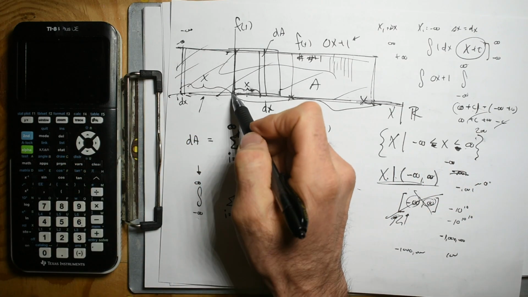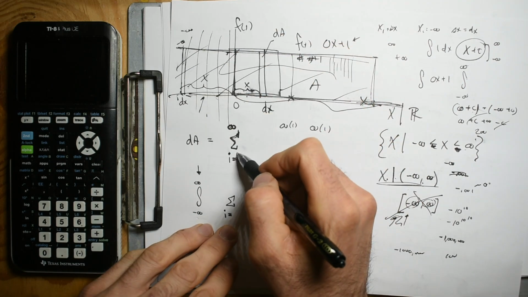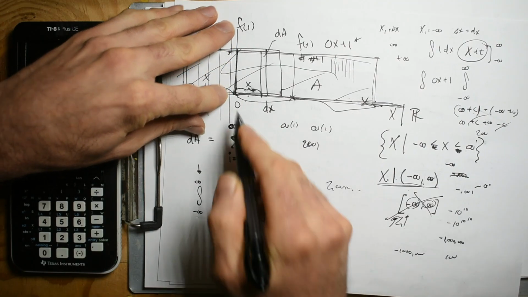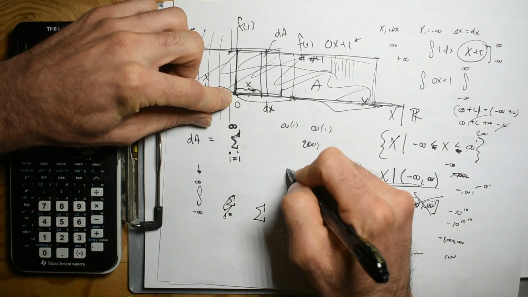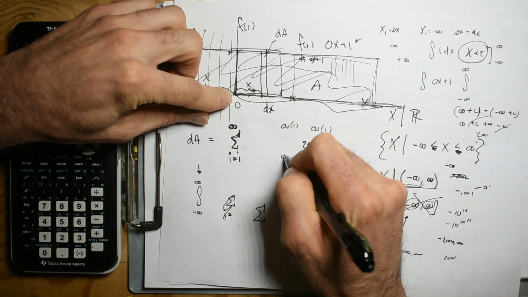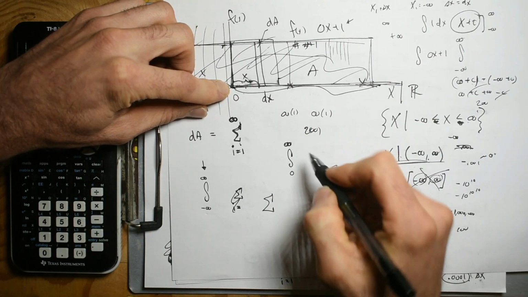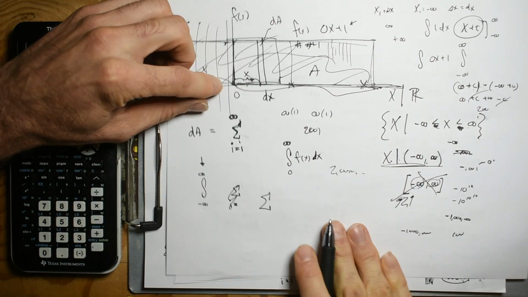Maybe they only do half of it with this. That would make sense. If we start at 0, let's just do that. So let's say we know that we're going to start at 0 and go this way. And we're going to try to find the area under the curve. That's going to be the integral of 0 to infinity. And I don't know what you would call that integration. But that makes sense to me, f of x dx.